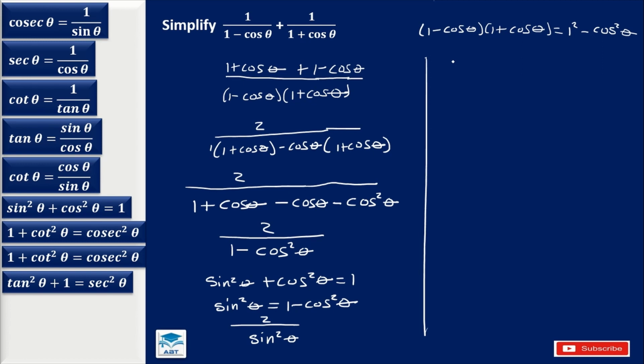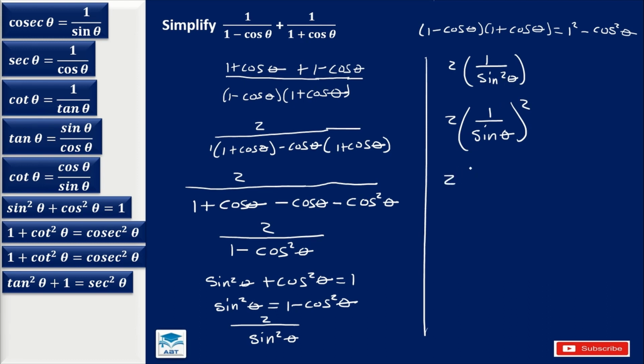This can be written as 2 outside, then we have 1 divided by sine square theta, since 2 times 1 is 2. We can also write this as 1 divided by sine theta all squared, since 1 squared is 1 and sine theta squared is sine squared theta.